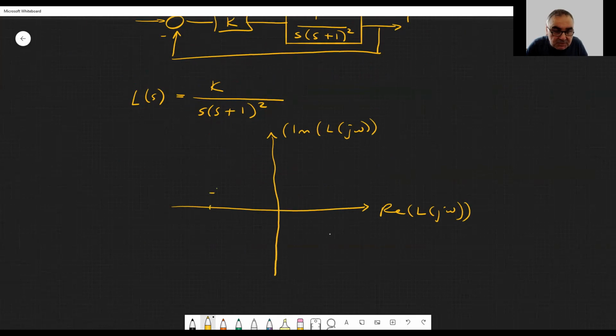This is this famous -1 point. The curves we are going to get will be as follows. This is one curve that is straight. As you increase your gain, you will be getting curves that are different.